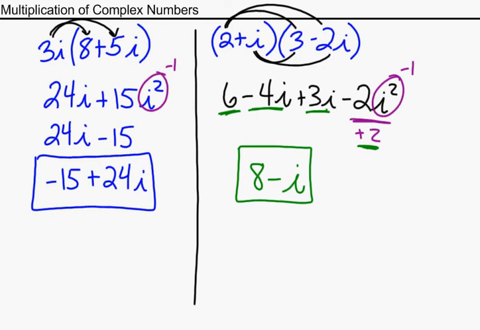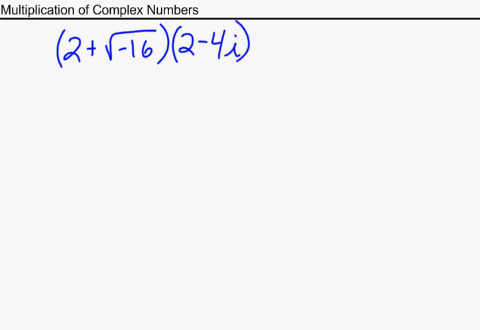The last thing that can happen to make this slightly more difficult is I could have a problem where I have two complex numbers, something like 2 plus root negative 16 times 2 minus 4i. Here I have to do a little bit of cleaning up of the problem before I go any further. I just have to realize that root negative 16 is 4i. The negative underneath becomes i.